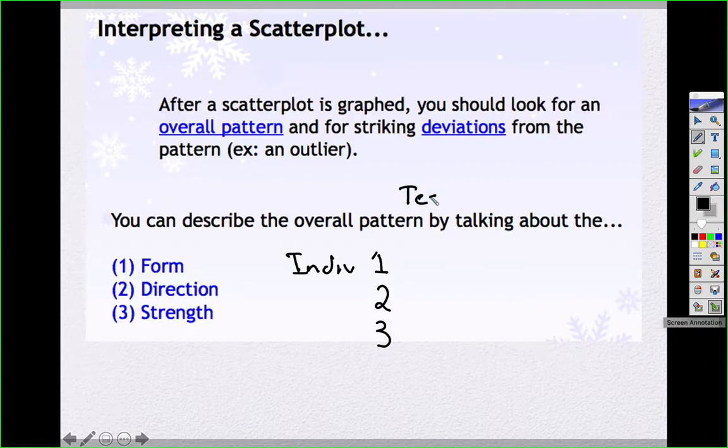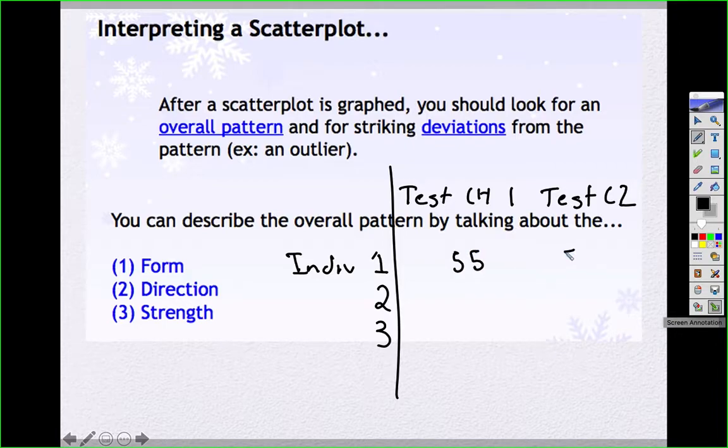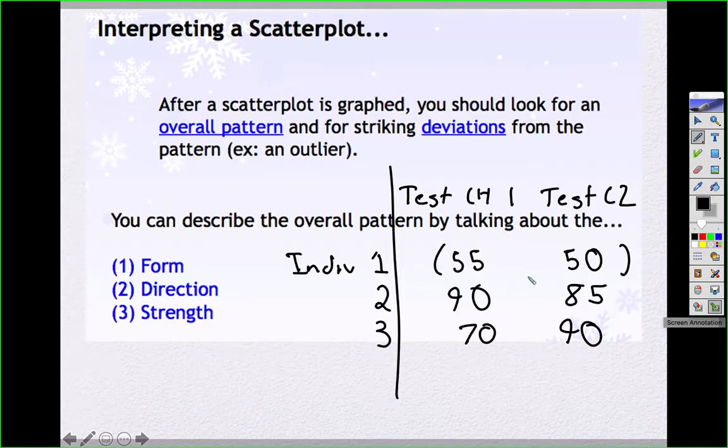We had test chapter 1 and test chapter 2 scores. And then for each individual, you had their scores. Maybe this person did a 55 and a 50. Maybe this person was a 90 and an 85. And then this person was a 70 and a 90.